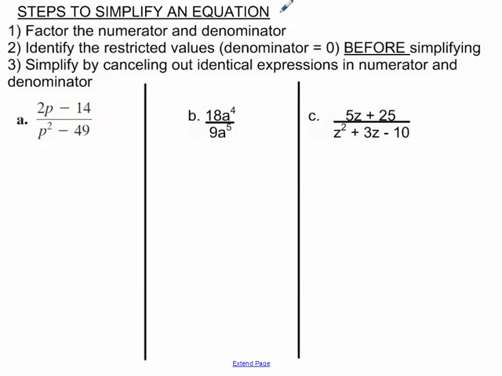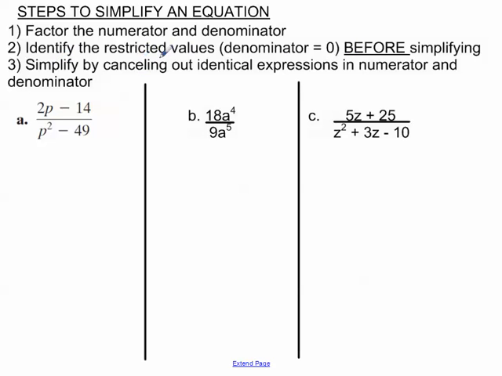Here are our steps to simplify an expression. Step number 1 is factor the numerator and the denominator. Step number 2 is identify the restricted values. In other words, if we're dividing by 0, that's a restricted value, and that's in 7.1a, the first video. We do that before simplifying because if we simplify and cancel out some factors, then we might miss a restricted value. And then finally we get to cancel.